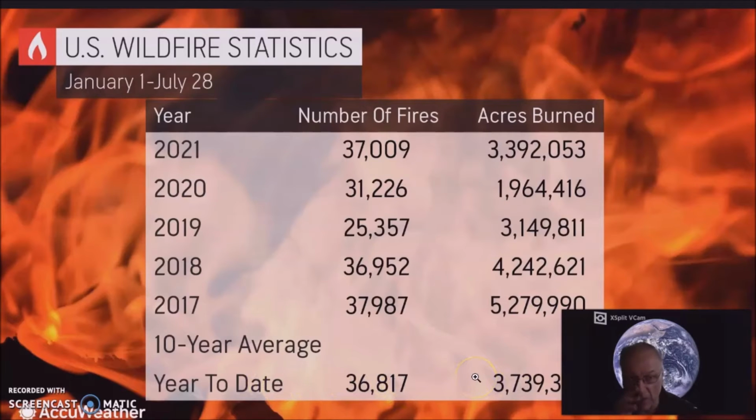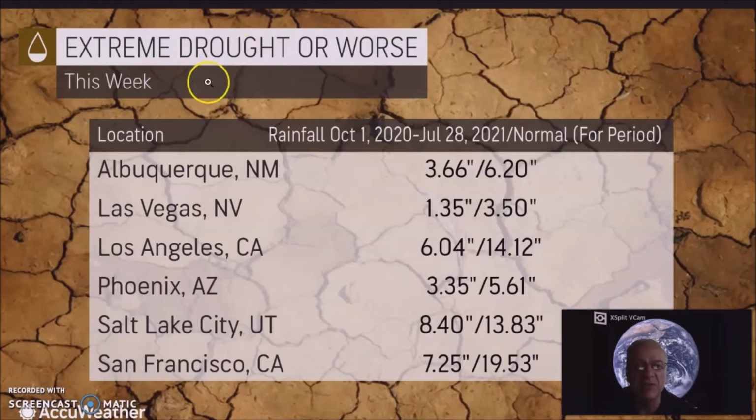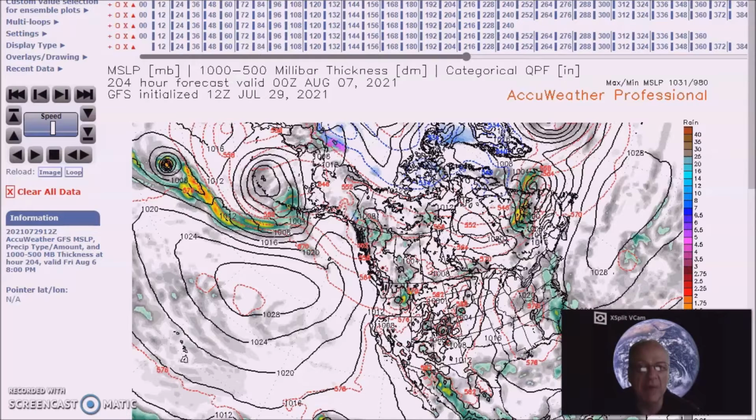I'll keep that for a little while so you can see that. Okay, also now I want to go back to the extreme drought that's worsening across parts of the west, the southwest, Great Basin region. Okay, and now I'm going to go back to the forecast.